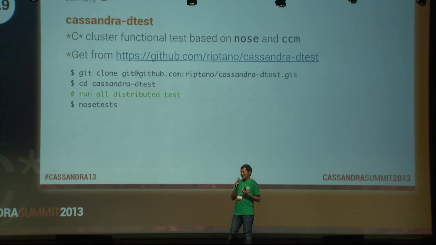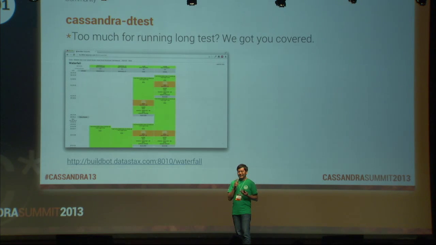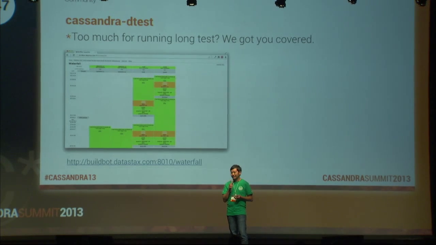If you want to take a look at it, you can just clone the Cassandra DTest from GitHub and just run nosetests. This will create the Cassandra cluster on your computer and do the distributed testing. But it takes a long time. So we have set up a continuous integration site on our web server. Here's a link, and maybe you can take a look at it later.